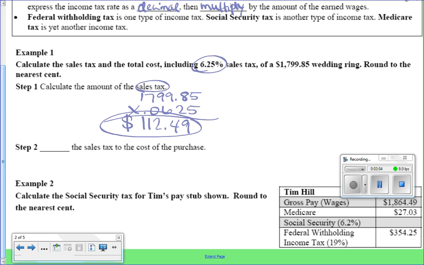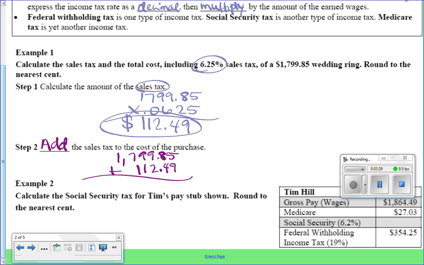All right, step 2. What operation are we going to do to get the total cost? You got it. We have to add the sales tax to the cost of the purchase. So we have our wedding ring at $1,799.85 plus the tax.